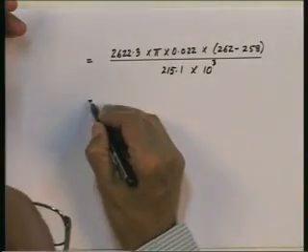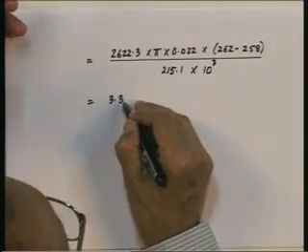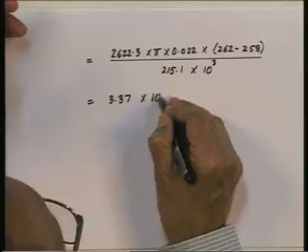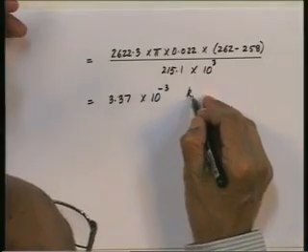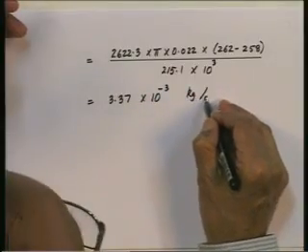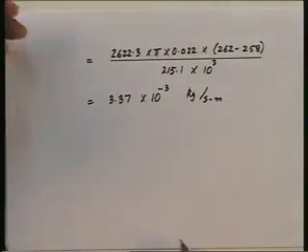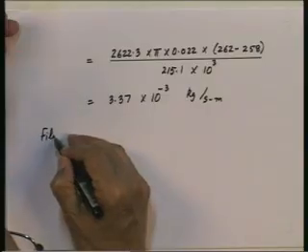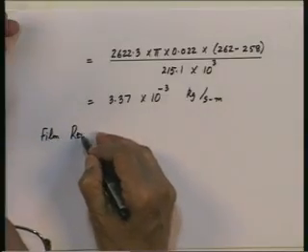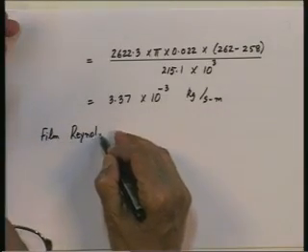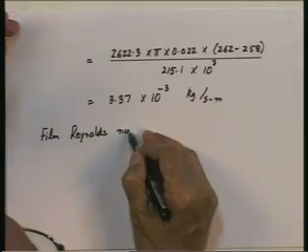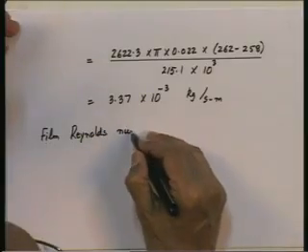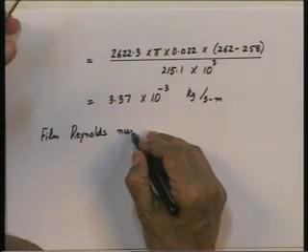So, this comes to 3.37 multiplied by 10 to the minus 3, so many kilograms per second per meter length. Therefore, the film Reynolds number at the bottom. This is the condensation rate at the bottom of the tube, because it is for the whole tube.